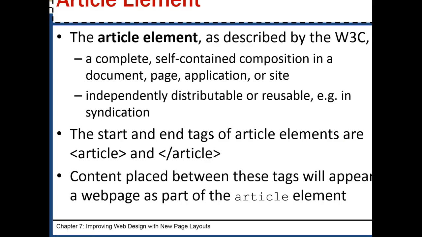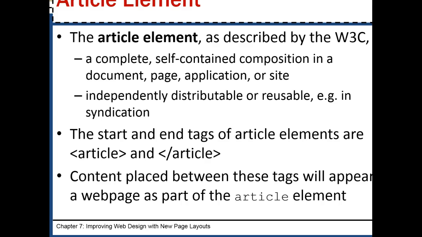Let's look at the article element. The article element, as described by W3C, is a complete, self-contained composition in a document, page, application, or site. This can be a forum post, a magazine or newspaper article, a blog entry, or user-submitted content.